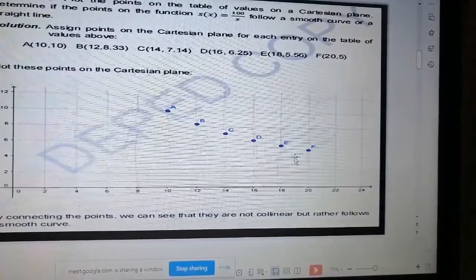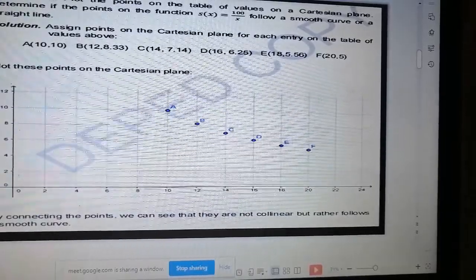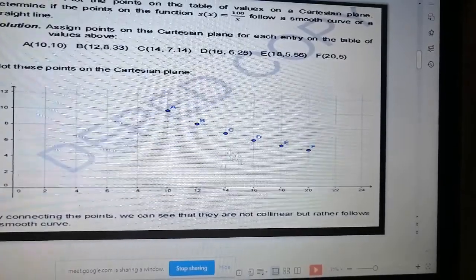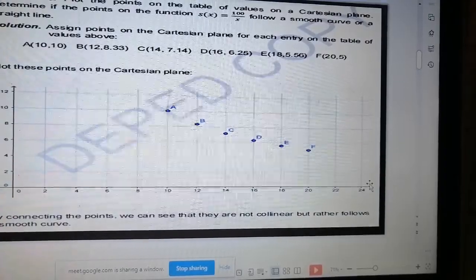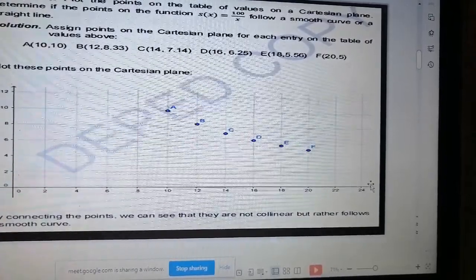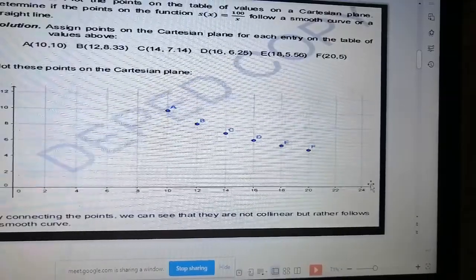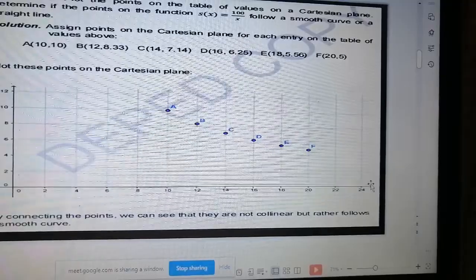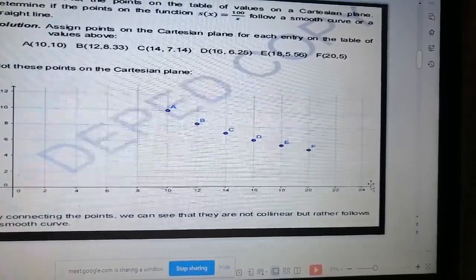Ayan. Okay. Pag naiplot nyo na anak yan, i-connect nyo lang yung dots para ma-graph nyo. Line graph. I-connect nyo lang yan.